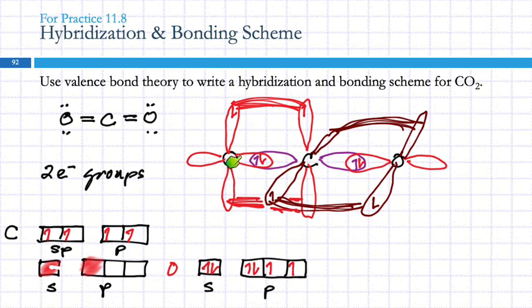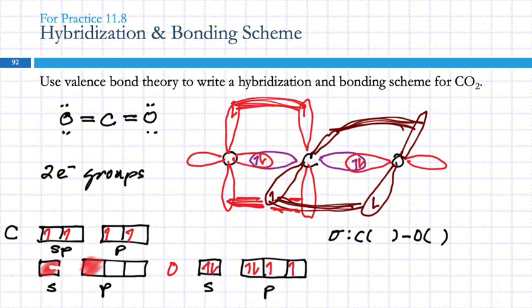How are we going to label this bond in here? What kind? Is that sigma or pi? It's sigma because it's end to end. So we've got sigma, and it's between which 2 elements? Carbon and oxygen, right? What kind of an orbital is the carbon using?